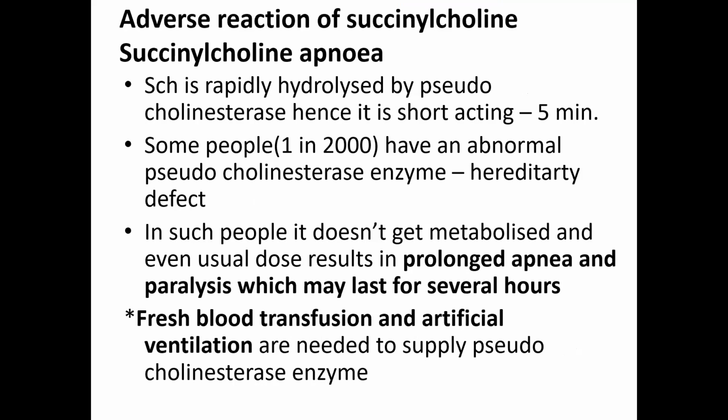Coming to the adverse effects of succinylcholine. Succinylcholine is metabolized by pseudocholinesterase. So in some people, because of an atypical pseudocholinesterase enzyme, giving succinylcholine will cause succinylcholine apnea. Succinylcholine is not metabolized in those patients who have atypical cholinesterase. It is a hereditary defect. In such patients, because of its prolonged availability, it causes prolonged apnea and paralysis, which may last for several hours.